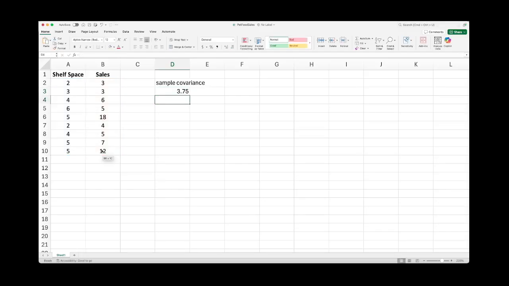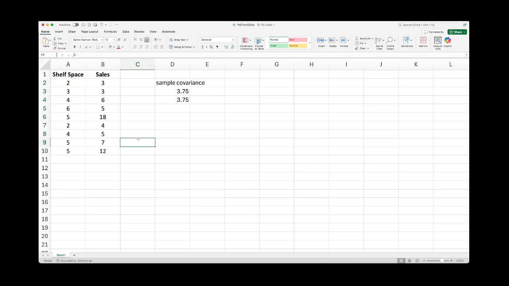But if we did this the other way around, first sales and then shelf space, this should give me exactly the same thing. So this being positive tells me that as sales go up, shelf space goes up, or vice versa. I would think of this as: if shelf space increases, the sales increase.